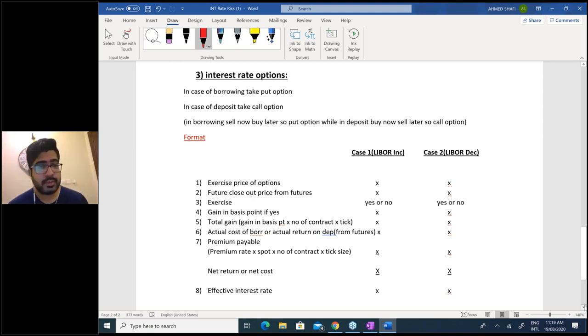Now in interest rate options, the first rule, the strategy. In case of borrowing, we take put option. In case of deposit, we take call option. Someone asked me what is the reason behind that. We just studied that in borrowing, the strategy is sell now, buy later.